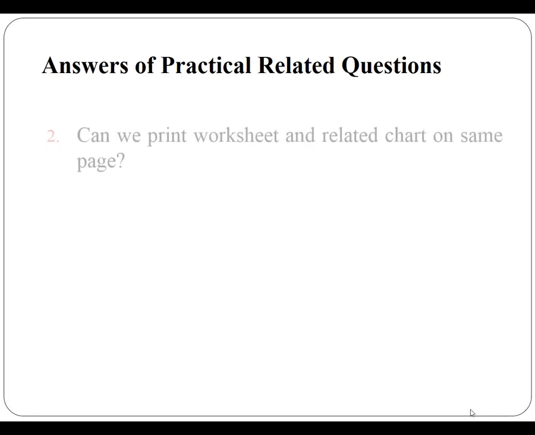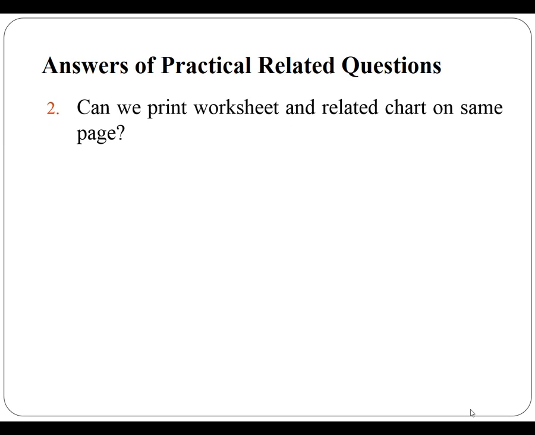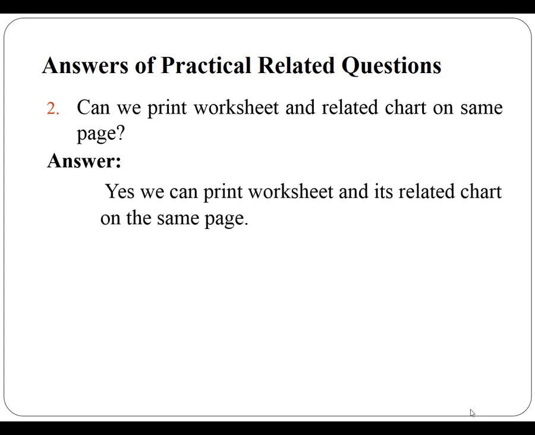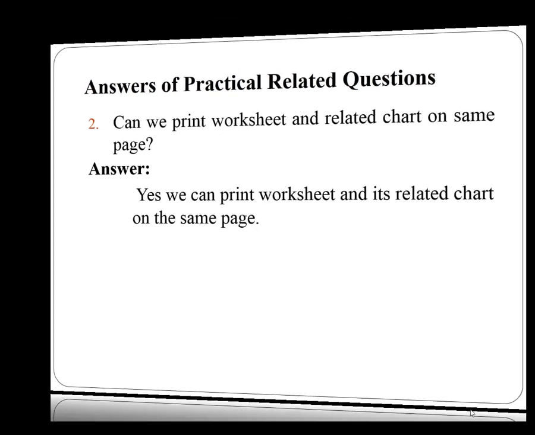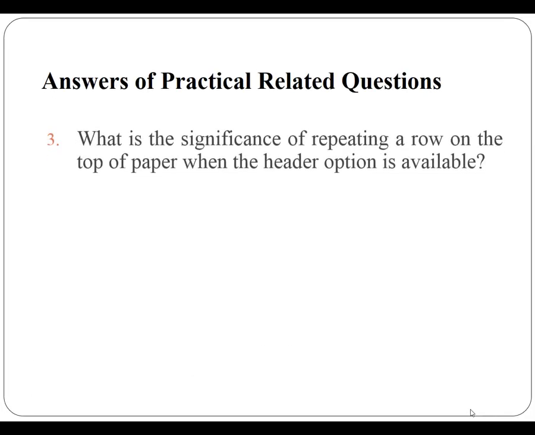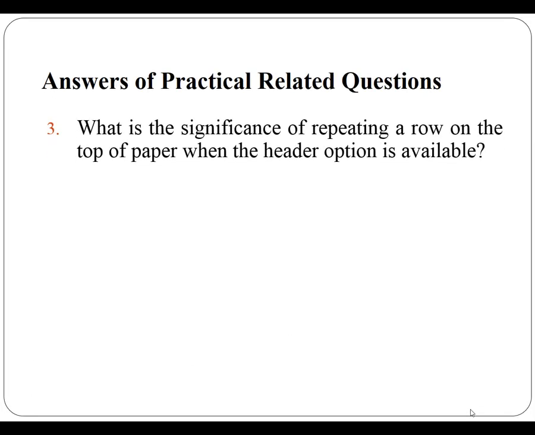The second question is, can we print a worksheet and related charts on the same page? The answer to this question is yes, we can print a worksheet and its related chart on the same page. And the third question is, what is the significance of repeating a row on the top of paper when the header option is available?